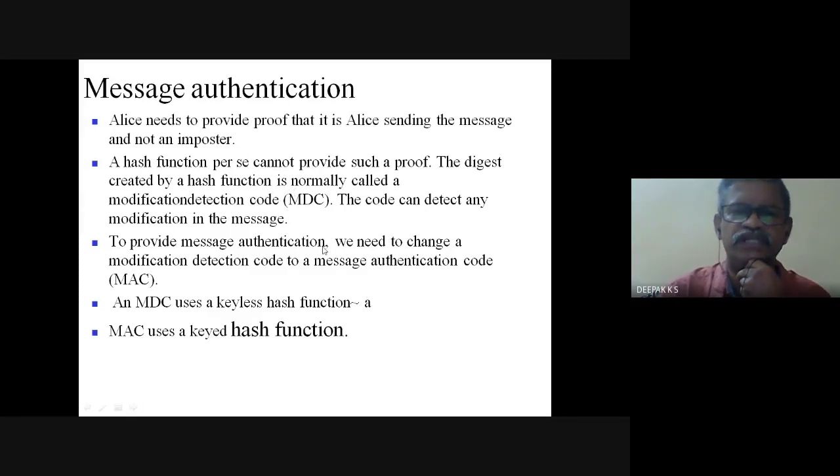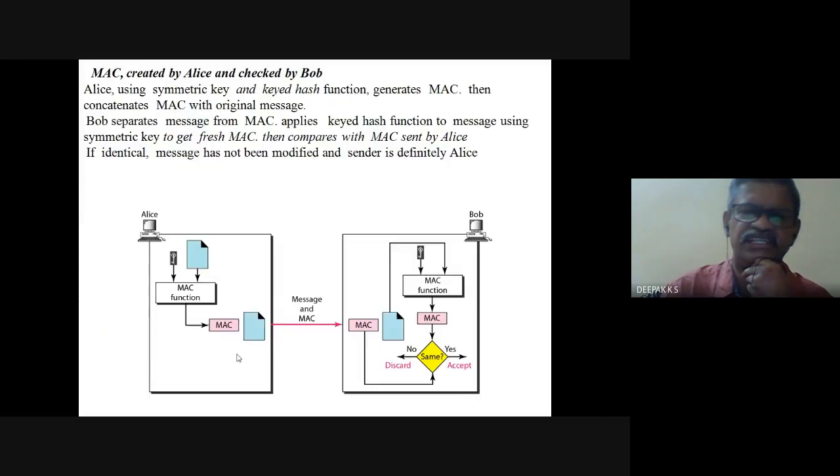To provide authentication, we need to change the modification detection code to a message authentication code. An MDC uses a keyless hash function and a MAC uses a keyed hash function.